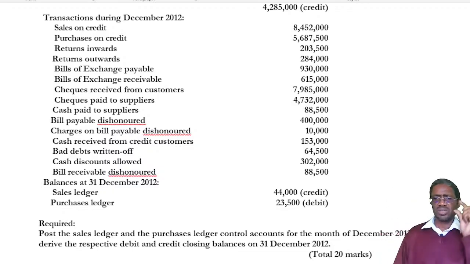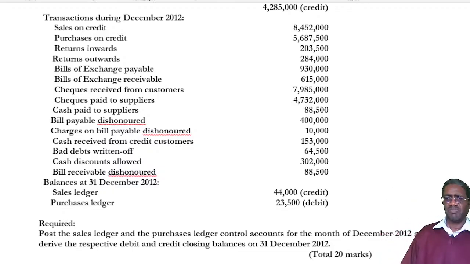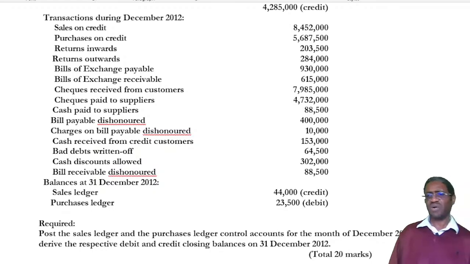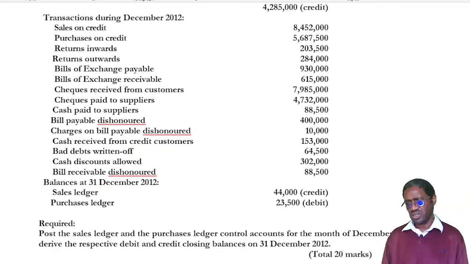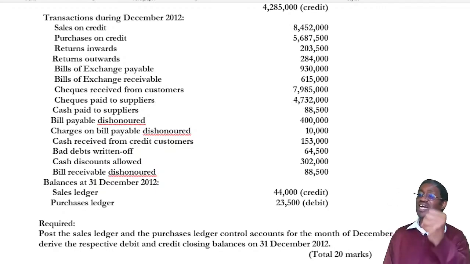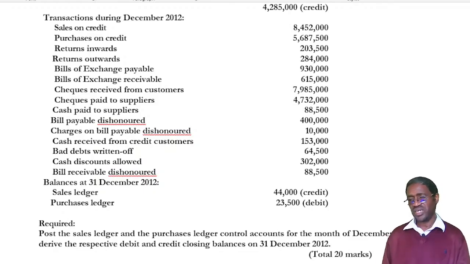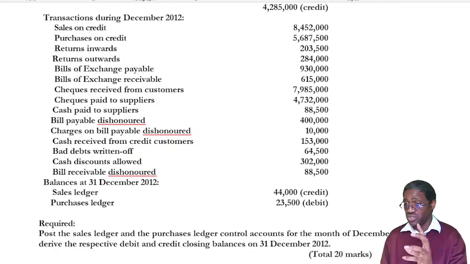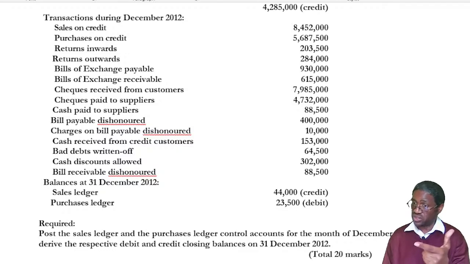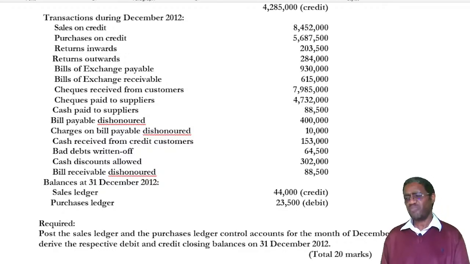After bad debts written off, we have discount allowed. Obvious, you normally allow your debtors. You normally don't allow your creditors. Creditors are the ones that give you a discount. So if it was discount received, it will go to the creditors. This one is discount allowed. And it is you, the business, who allows your customers a discount.